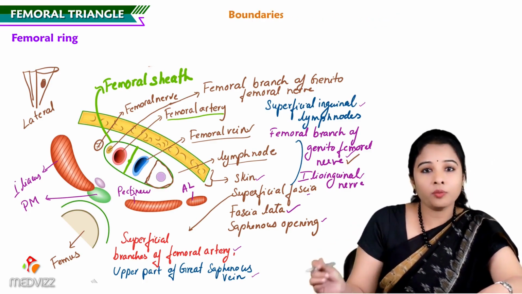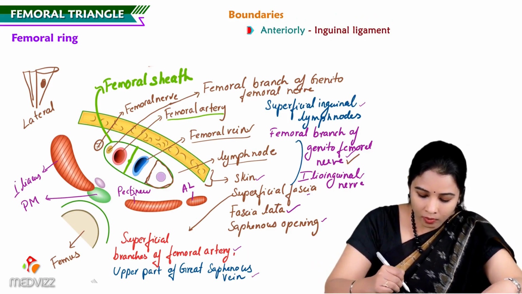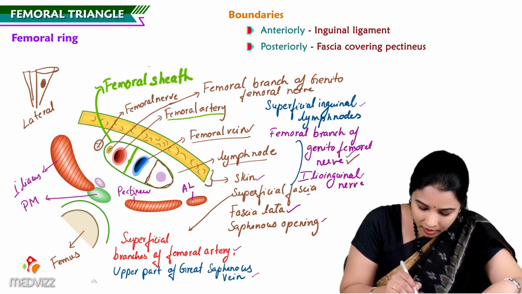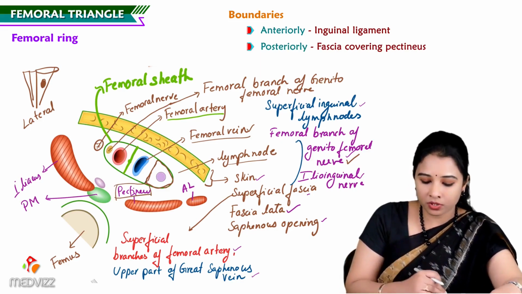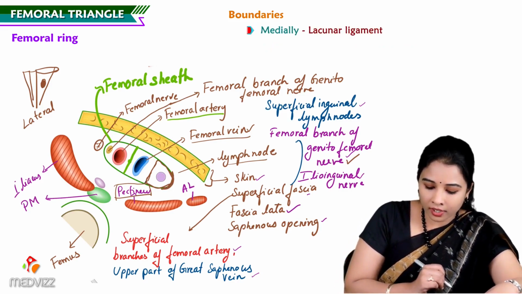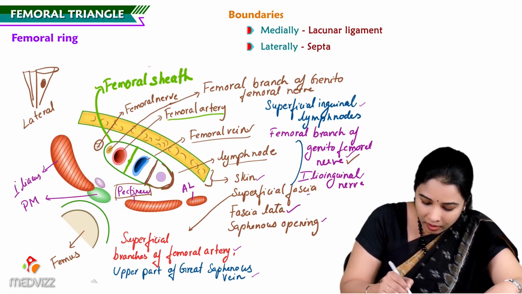So let's talk about the boundaries of the femoral ring. Anteriorly, it is formed by the inguinal ligament, and posteriorly, we can see here, the pectineus is present on the posterior side. So the fascia covering the pectineus forms the posterior boundary, and medially this crescentic margin is formed by the lacunar ligament, and laterally you can see this septum separating it from the vein, that is the middle compartment.